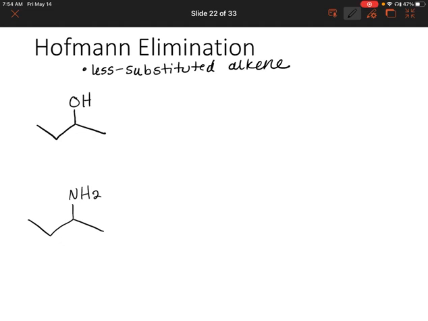And we're trying to form this product here, where the double bond is between a less substituted carbon. So it's on the very end of the molecule. Now, remember way back we said that alcohols aren't very good leaving groups, so we probably need to convert it to a better leaving group first.